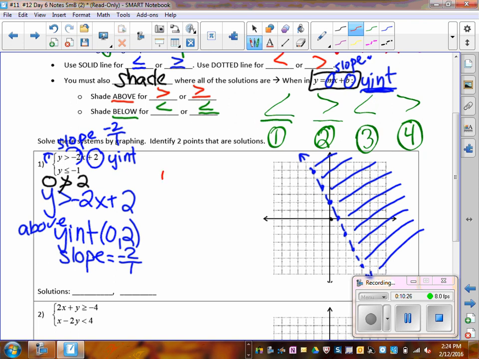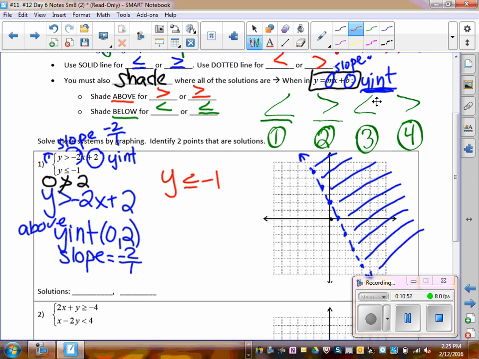We have y is less than or equal to negative 1. What should be coming to your mind for this? How do we know how to graph this? What do we have to use? Yes, very good, Jimmy. x or y. We have just one variable, so we need to use either x or y.